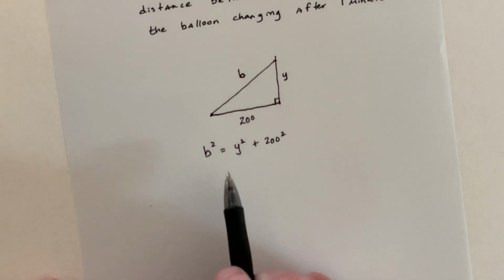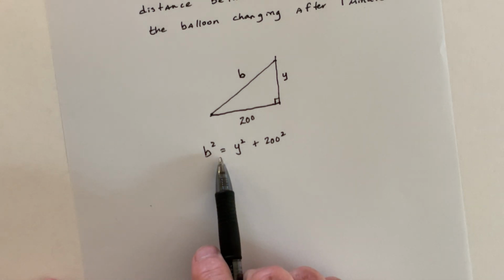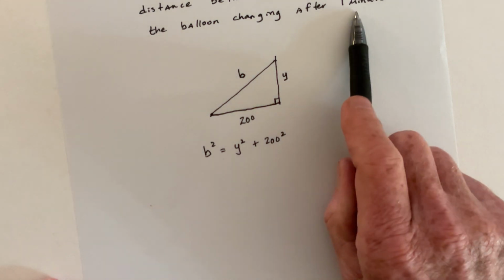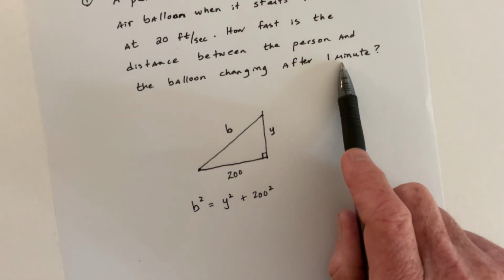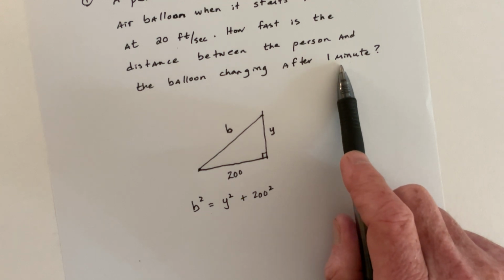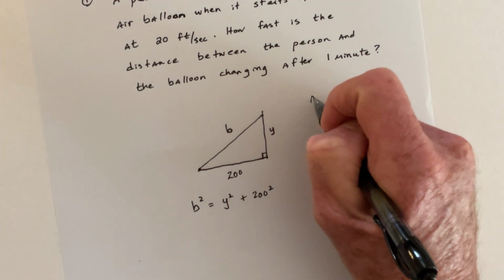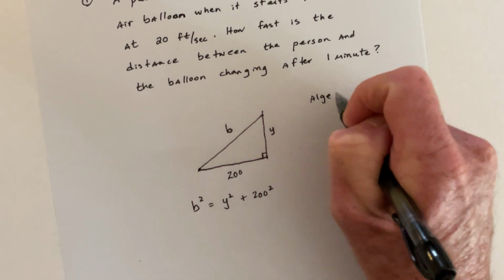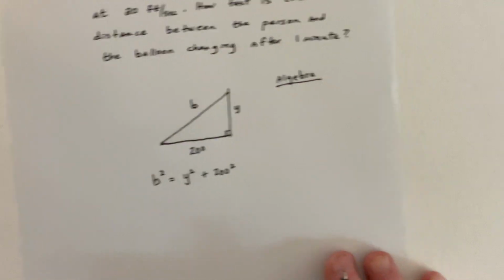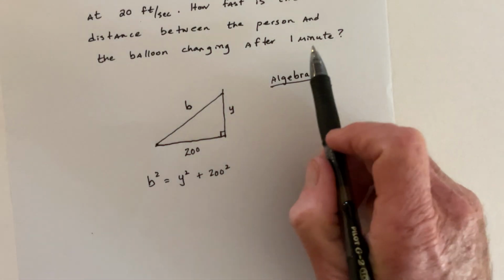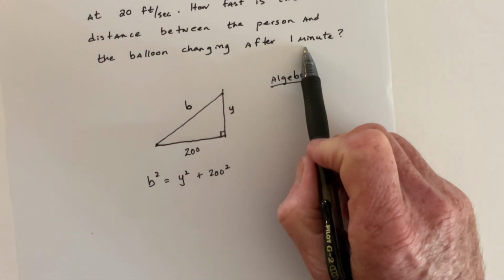And now we're going to need to use this equation in two different ways. One way is this information is telling us that we can find out what B and what Y equal at that moment. So that's basically algebra. And I'm going to do that over here. So the algebra part is, well, for one thing, 1 minute is 60 seconds.